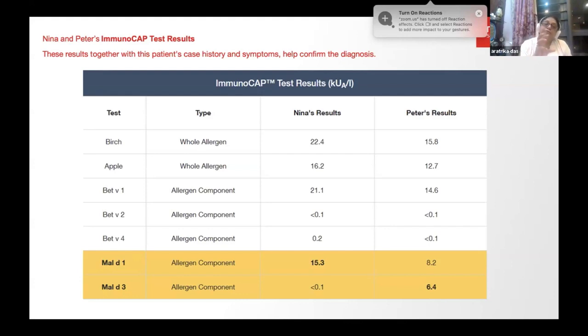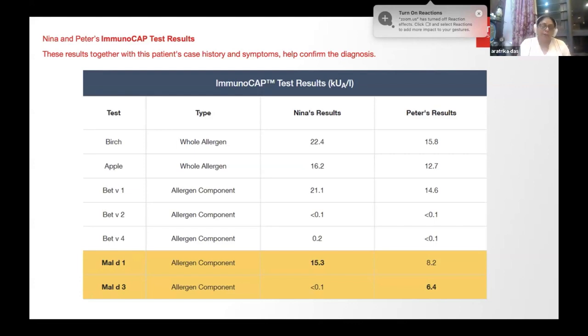And then we identify by the usual test, skin prick test, or maybe specific IgE, which allergen we are thinking about, which is causing the reactions.